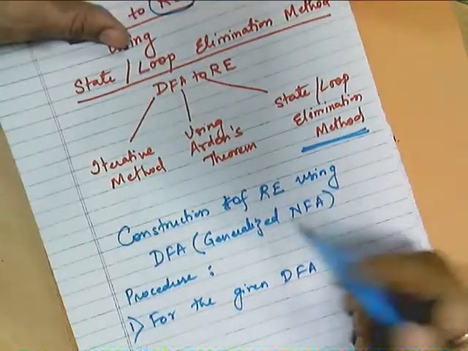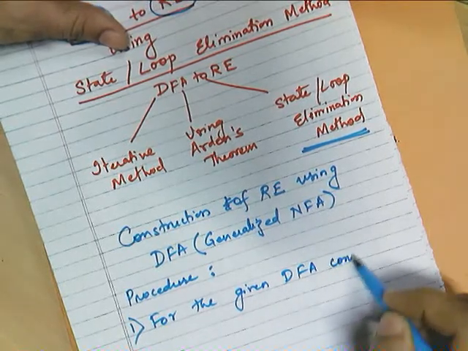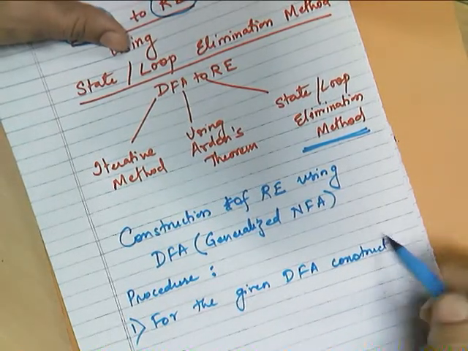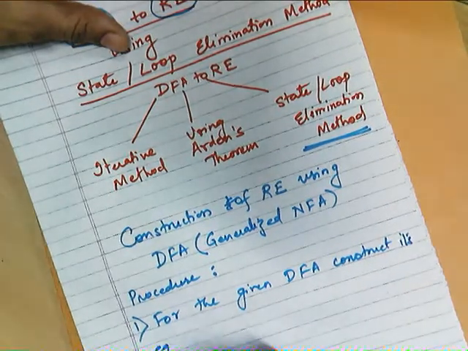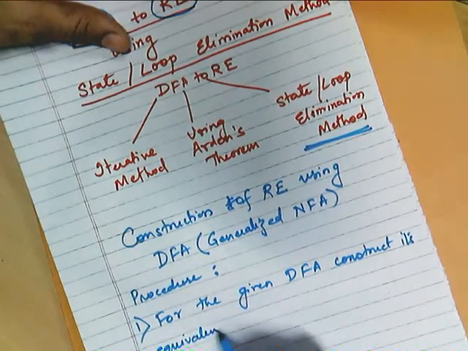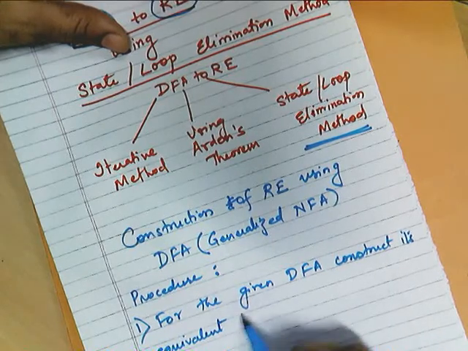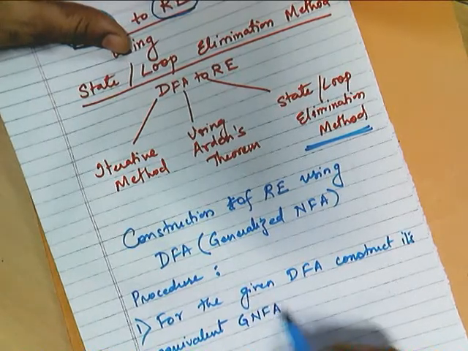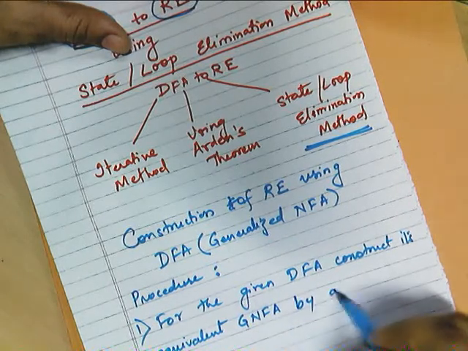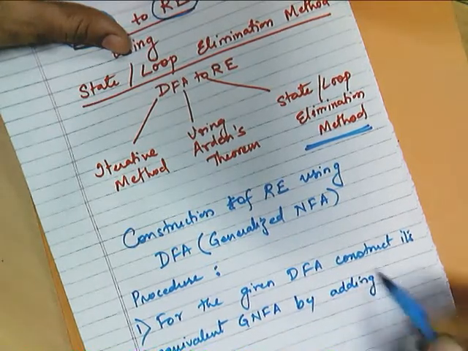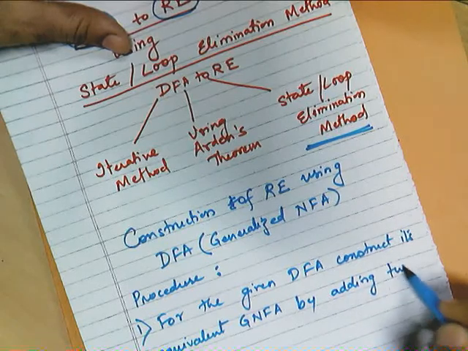you have to construct its equivalent GNFA. GNFA stands for generalized NFA, by adding two new states.